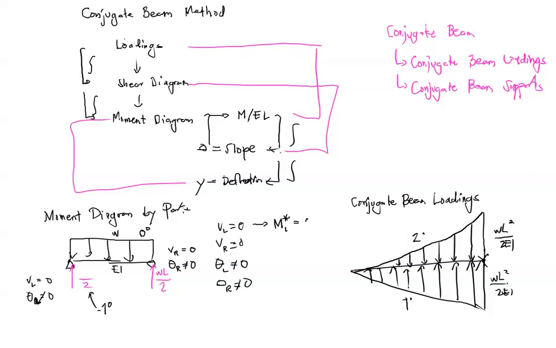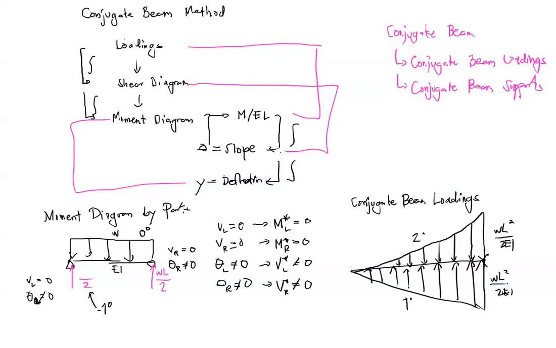So, ay dapat equal to 0 din. Internal bending moment ng conjugate beam mo ay equal to 0 din. Pero ito, yung slope ay katumbas niya yung shear ng conjugate beam mo. Katumbas ng shear ng conjugate beam mo, yung slope ng elastic function. So, not equal to 0.